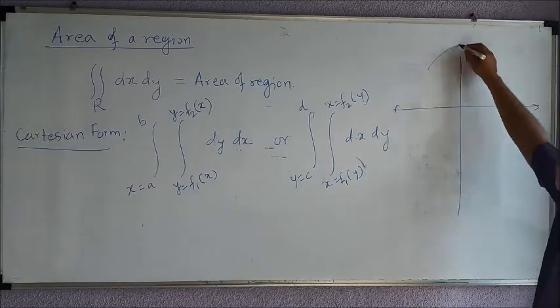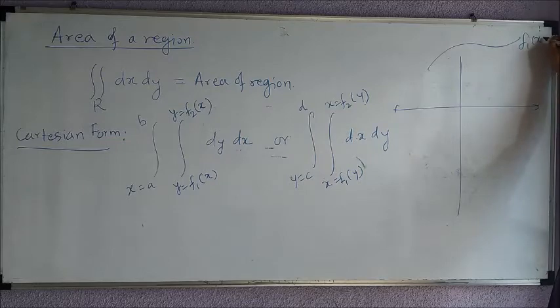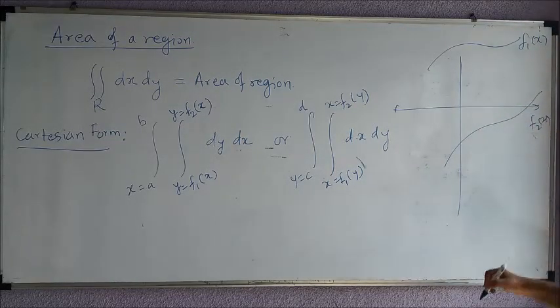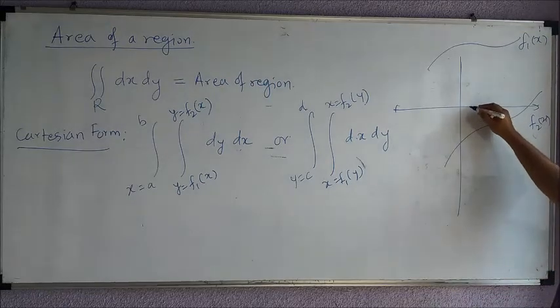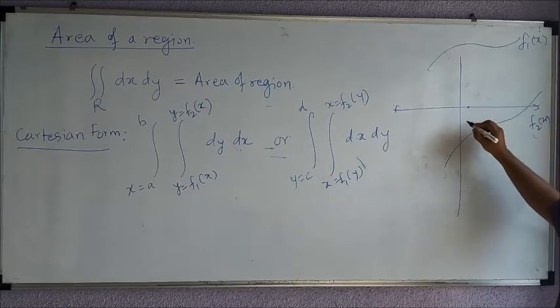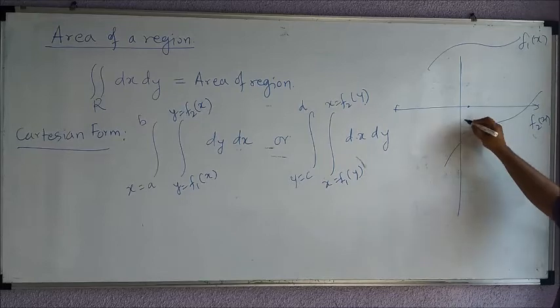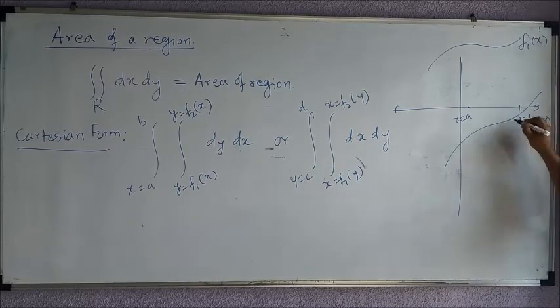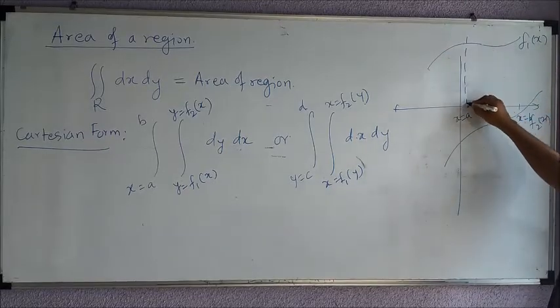Suppose this is a curve, say f1(x), and this is another curve, say f2(x), right? And now see that this is x equal to a to x equal to b, so we can find out this area.